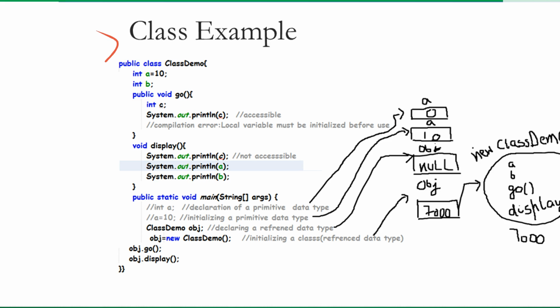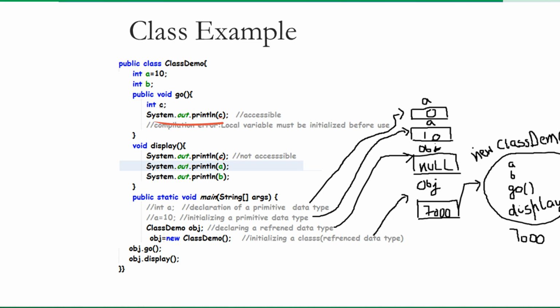As Java is a purely object oriented programming language, we cannot initialize, declare or define anything outside a class. Okay, everything must be in a class. So when I am talking about global variables, it means global inside a class. And when I am talking about a local variable, it means local inside a block. So basically c is a local variable and int a and int b are global variables.